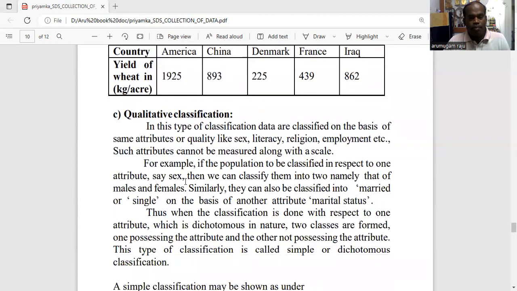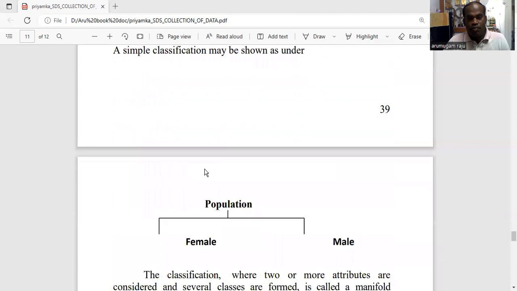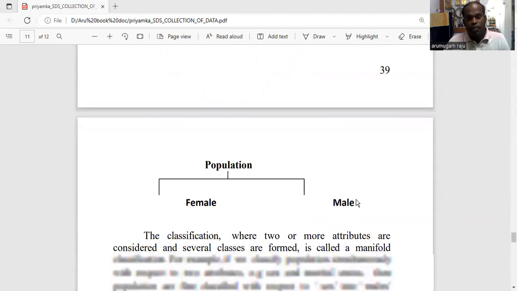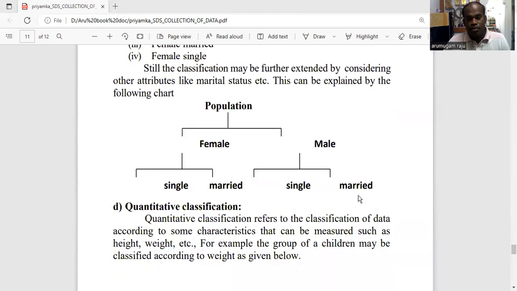Here we can give an example for the qualitative classification. A simple classification may be shown as population, especially male and female. And also male single or married, female single or married. So these are the examples.